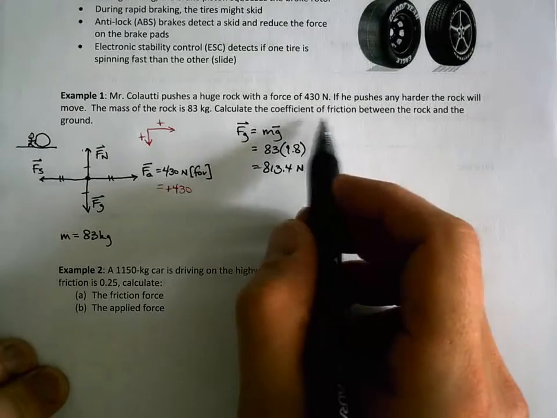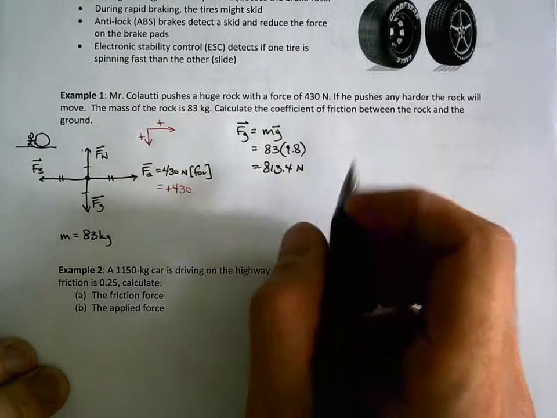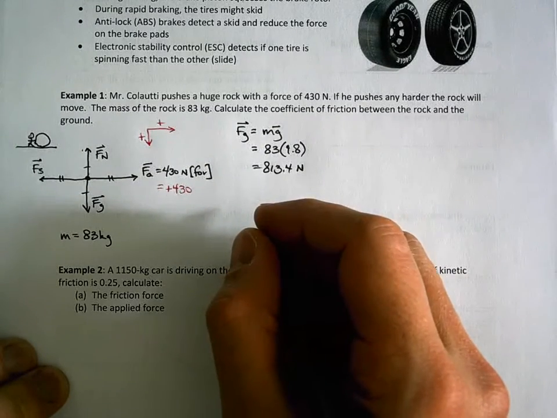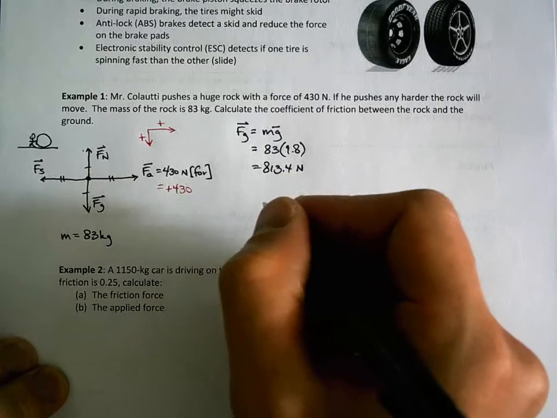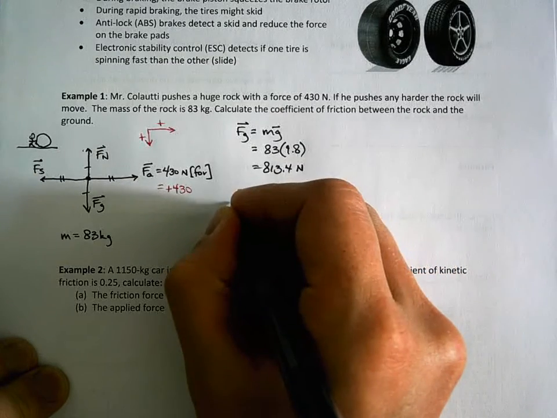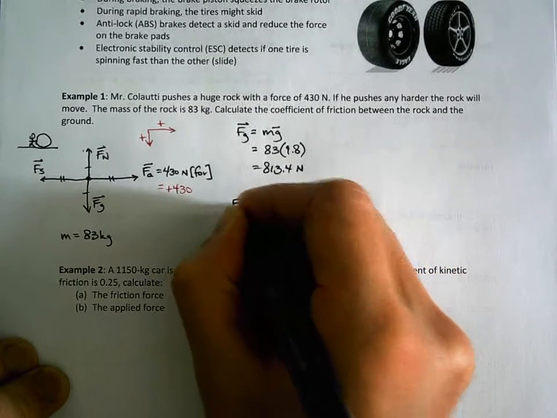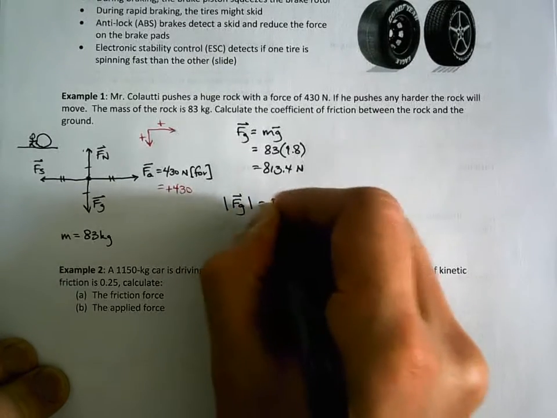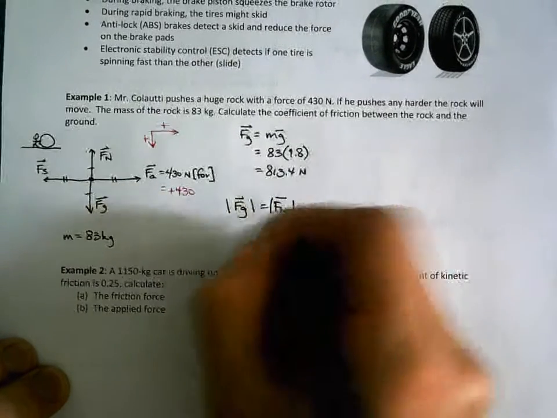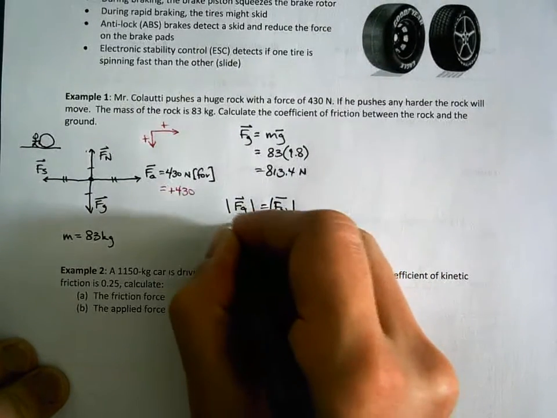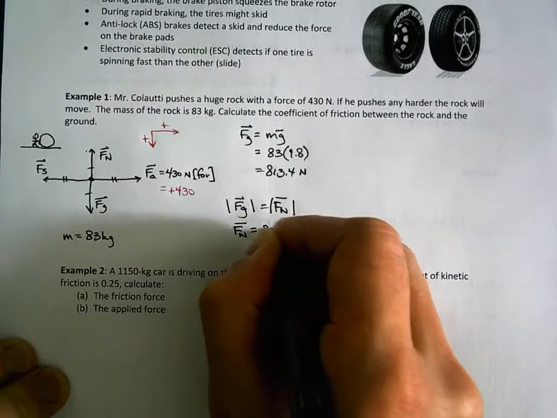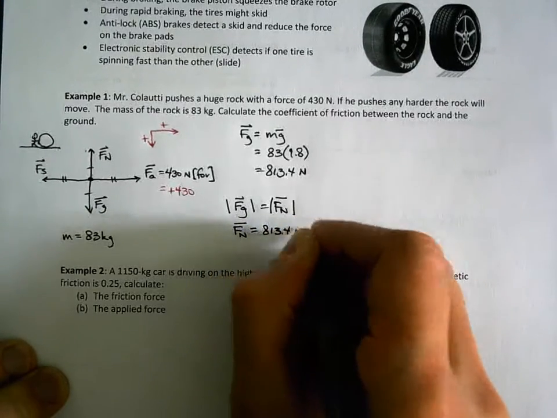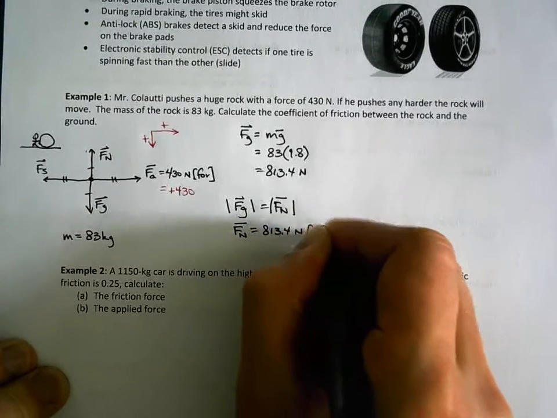Okay, and we need to calculate the coefficient of friction. So we know that the magnitude of Fg is equal to the magnitude of Fn. So we know that Fn is equal to 813.4 newtons up.